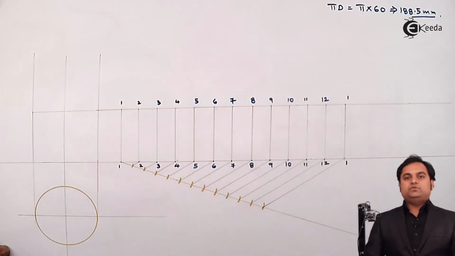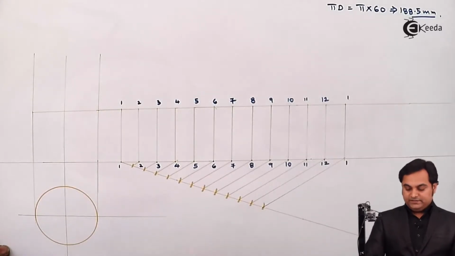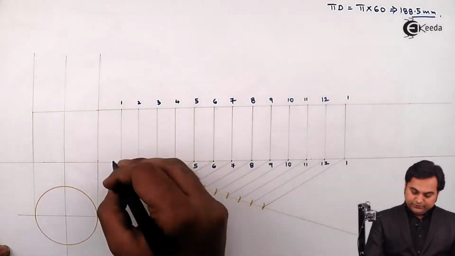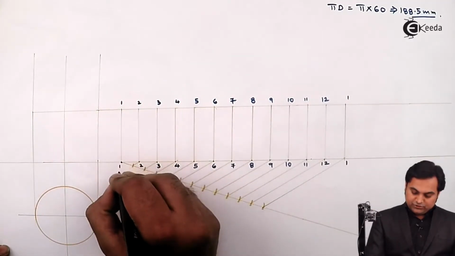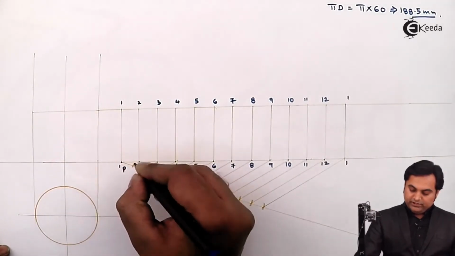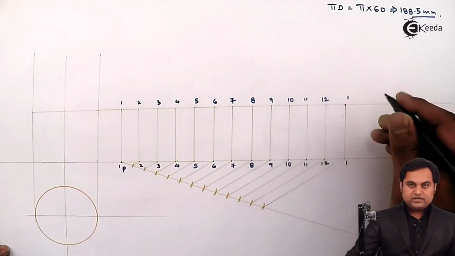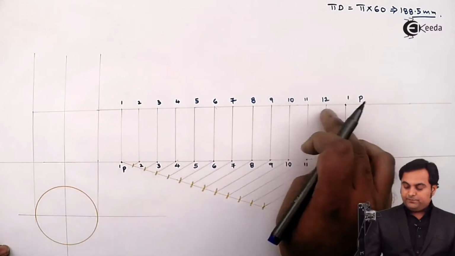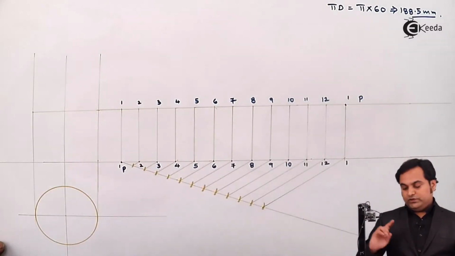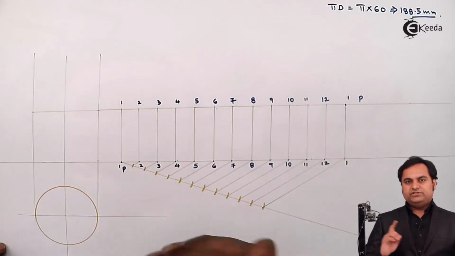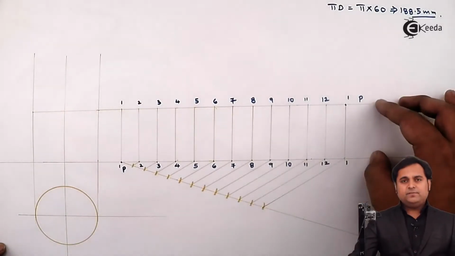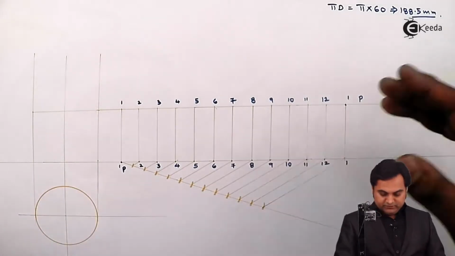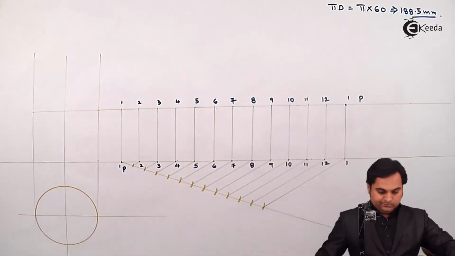Because when the helix will be completed, the point P at location 1 will be covering a total height of 50 mm because that is the pitch. So here I'll connect this point P to P, because when the point would be moving around the cylinder, it would be covering a distance of 50 mm, that is corresponding to the pitch. So when we take that development, it will be in the form of an inclined line.